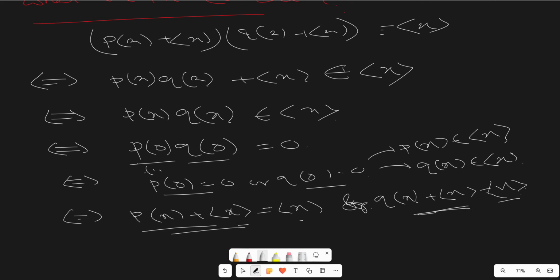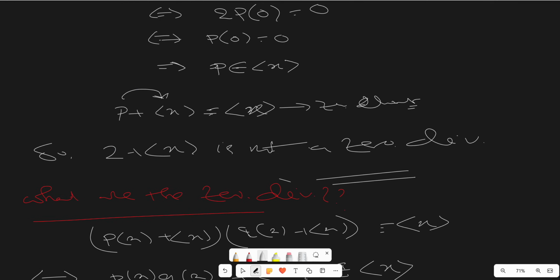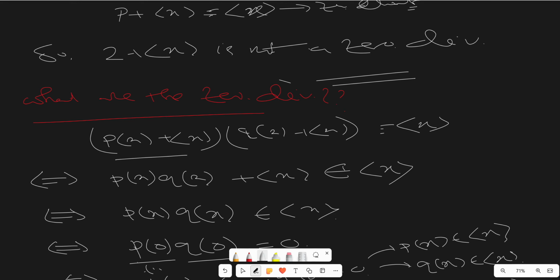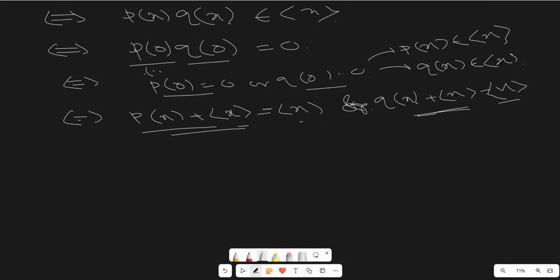So it has no zero divisor. I am not able to find any zero divisor, so either this has 0 or this has 0.